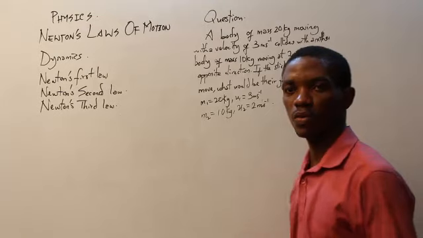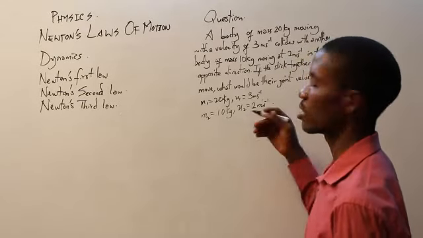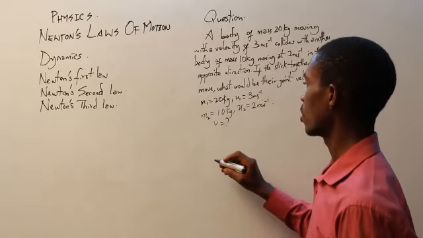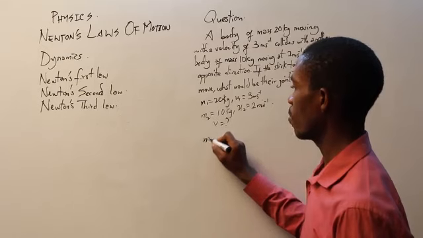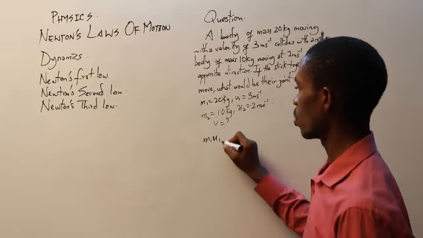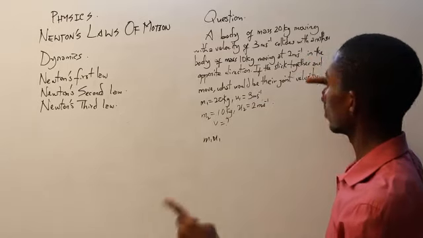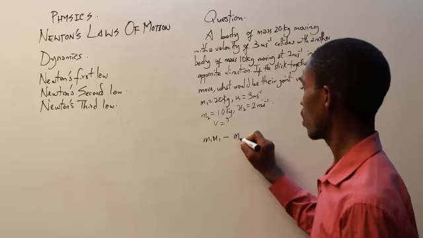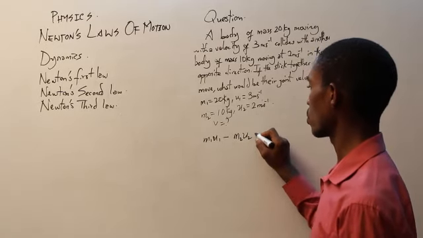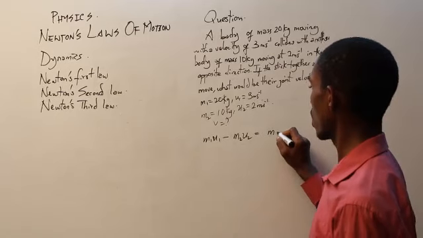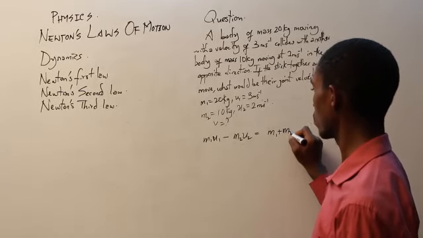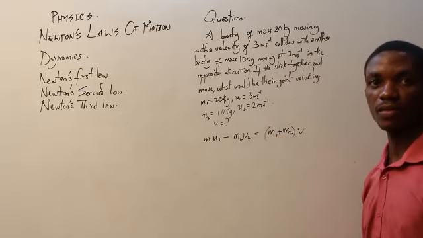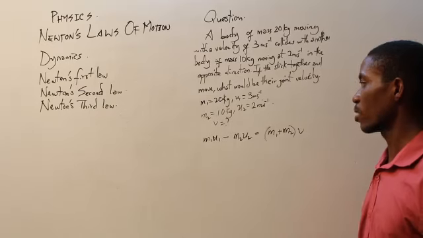So, we are told that they stick together and they move with a joint velocity, which we don't know. So from our formula, M1 U1, they said they were moving in opposite direction, so we know it will be minus M2 U2 equal to M1 plus M2 V. That's our formula.